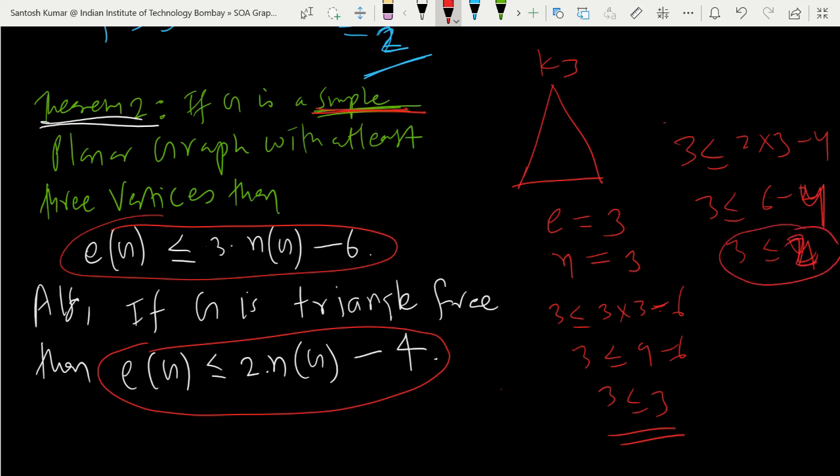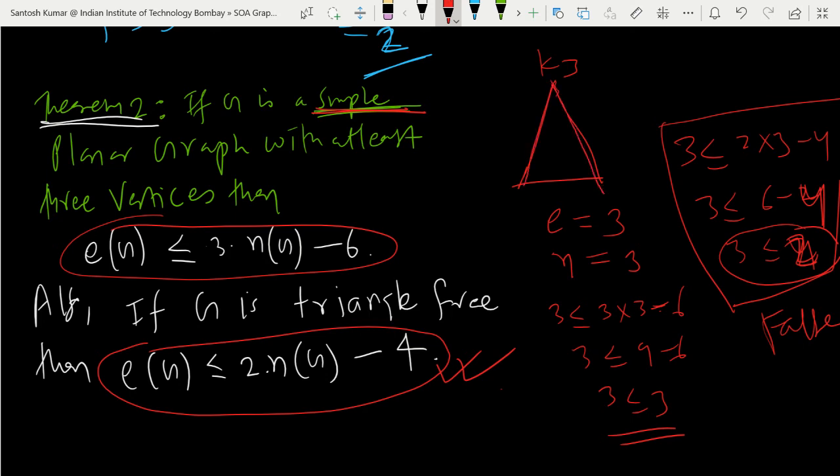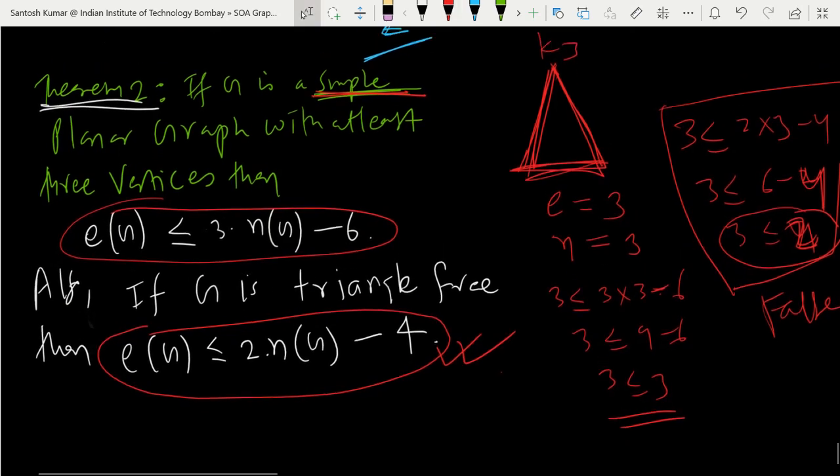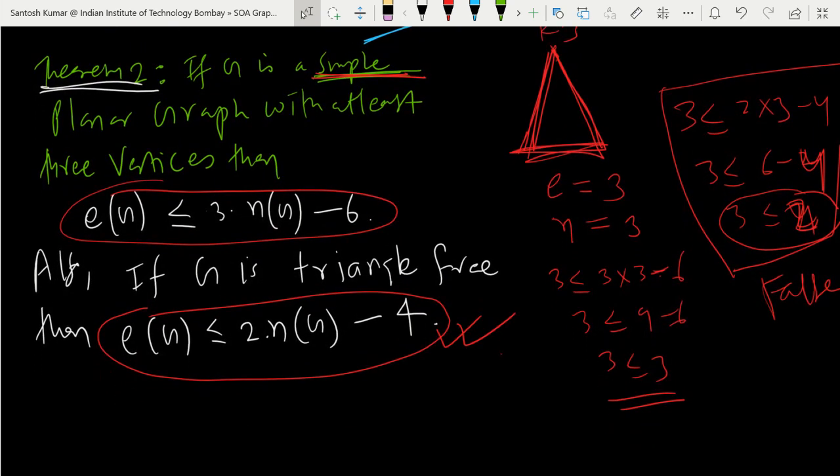So 3 is less than or equal to 2. True or false? It is false. So this K3 will not satisfy this result. Why? Because this is itself a triangle. So what is the meaning of triangle free? A graph which does not contain a triangle, or there is no subgraph that is a triangle. Simple planar graph.